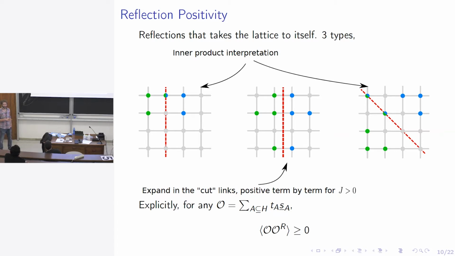And these 2 are easier to argue for intuitively, because I have an inner product interpretation. I can think about integrating out this half space as creating some wave function of these sides, and this will be its conjugate. So this is an inner product.